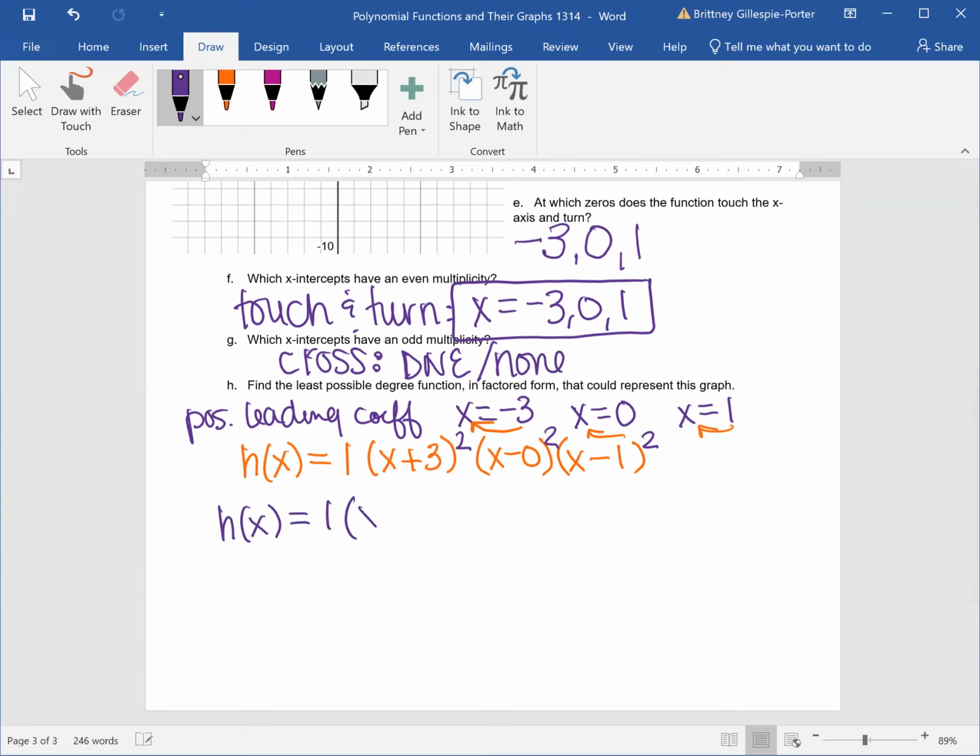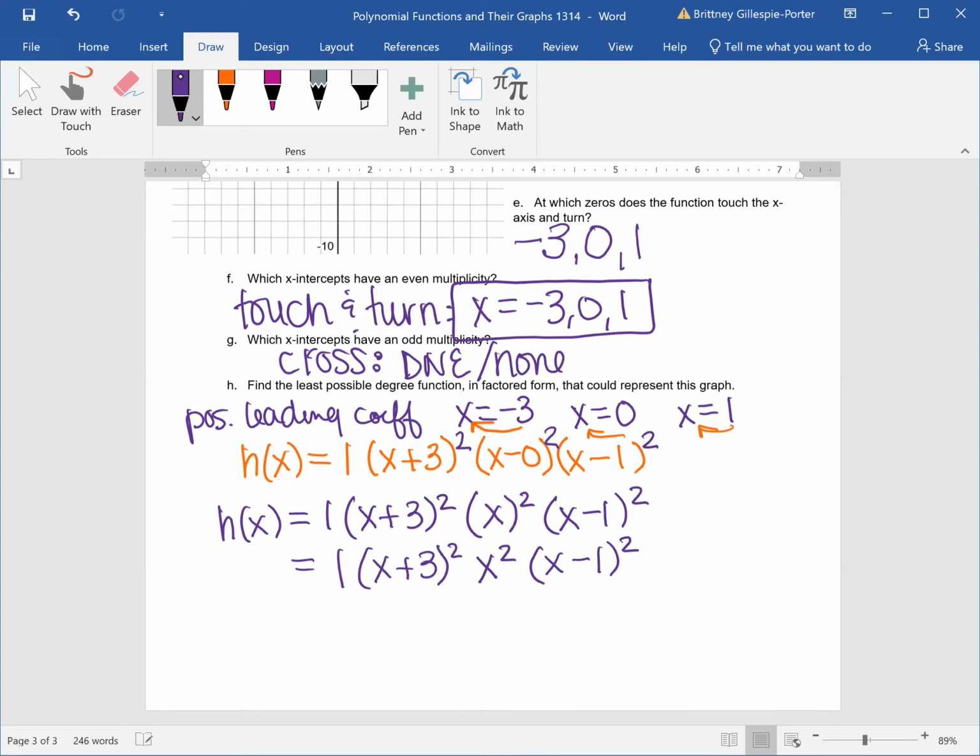We would have 1 times (x + 3) quantity squared. (x - 0) is just x. And (x - 1) squared. We don't really put the parentheses around the x with the x squared because there's nothing in there. We don't need the parentheses.